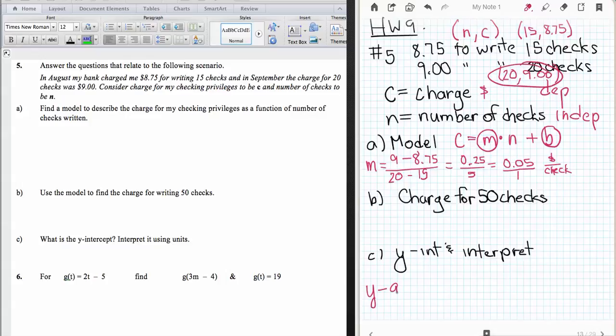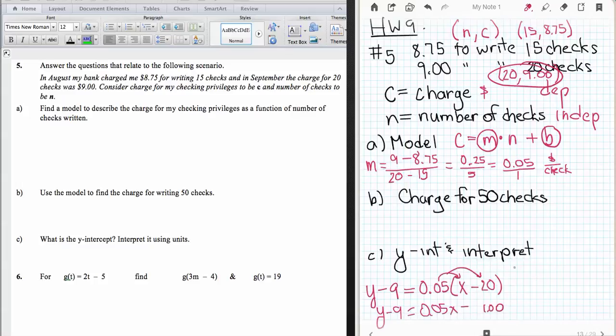So my y is my dependent, which is 9, and that's equal to my slope, 0.05, times x minus my independent, which was 20 in the 9 case. Now I'm going to distribute, so y minus 9 is equal to 0.05x, and then 5 times 20 is 100, and with 2 decimals, that's 1.